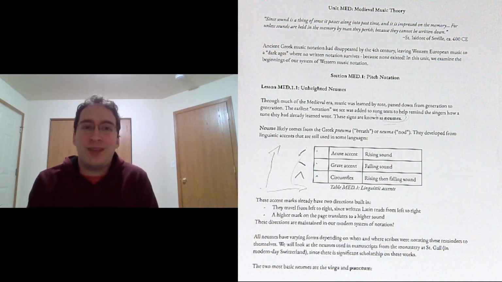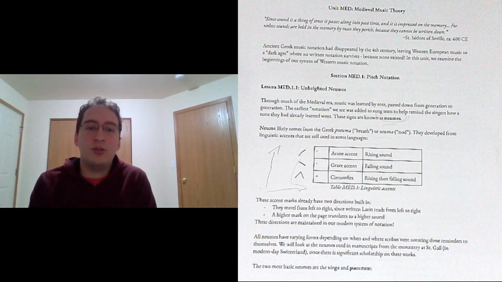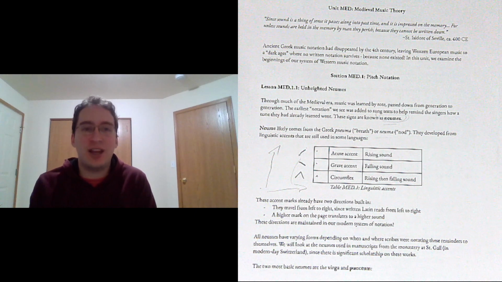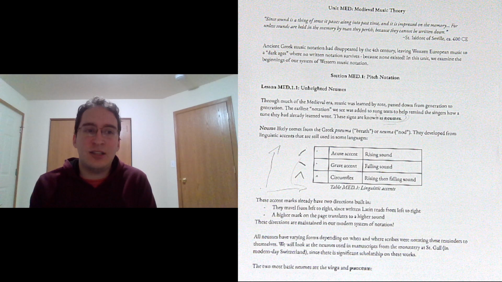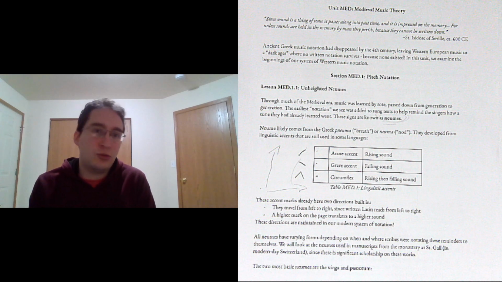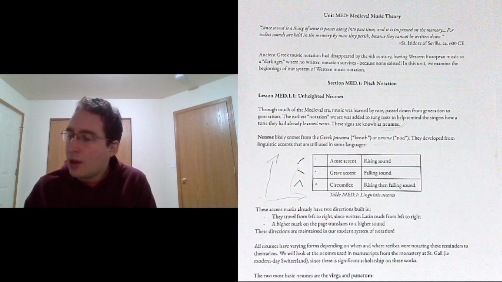Depending on where the manuscripts are from, the neumes are going to look different. There wasn't a hugely standardized way of doing anything in general across the medieval era, because there wasn't nearly as much communication between communities as there is today. But particularly, these neumes were written generally by scribes in monasteries, which tended to be pretty closed off from the outside world.